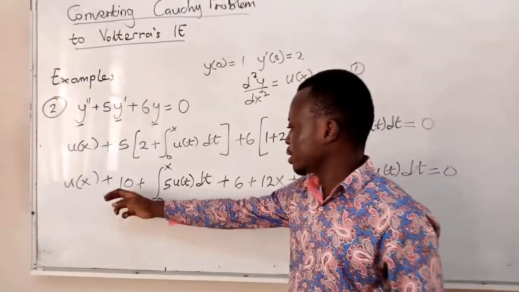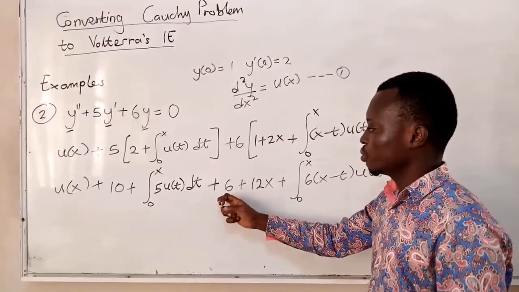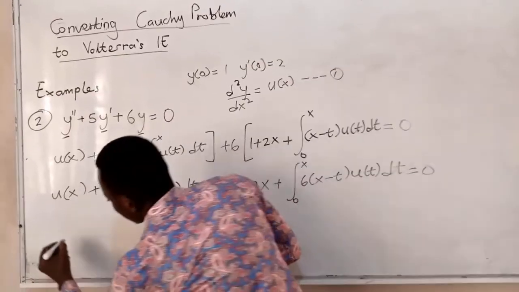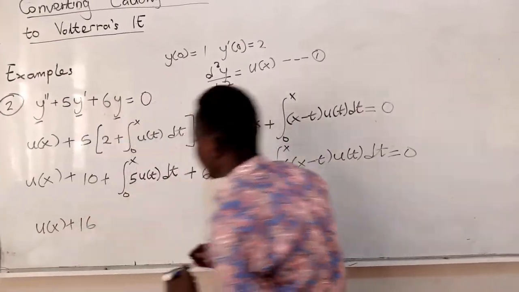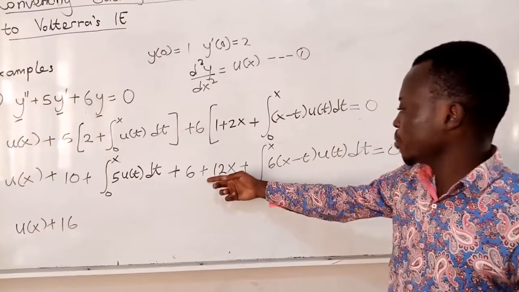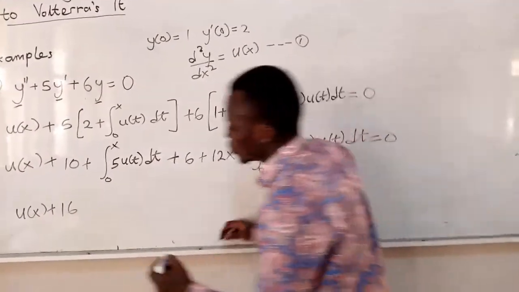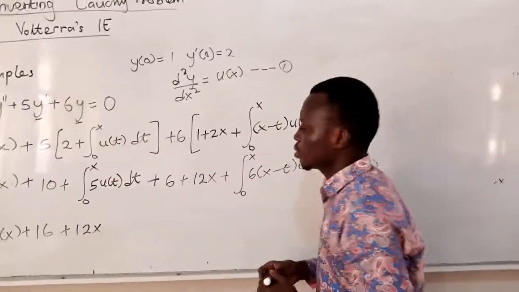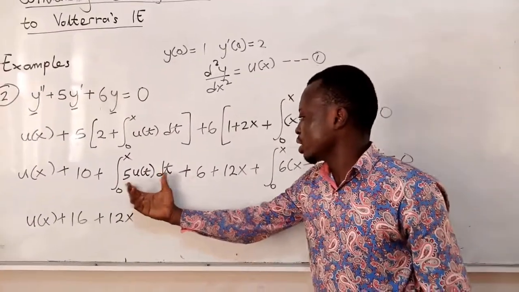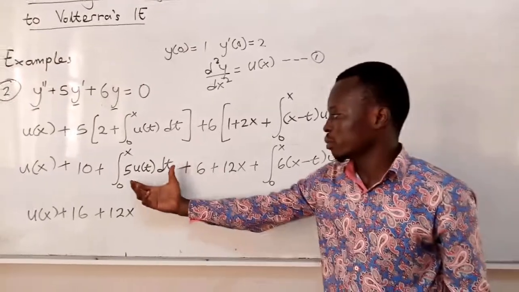Now you can add 10 plus 6, which will give me 16. We're going to have u of s plus 16 plus 12s. Then we have this integral sign. You can combine these two integral signs.